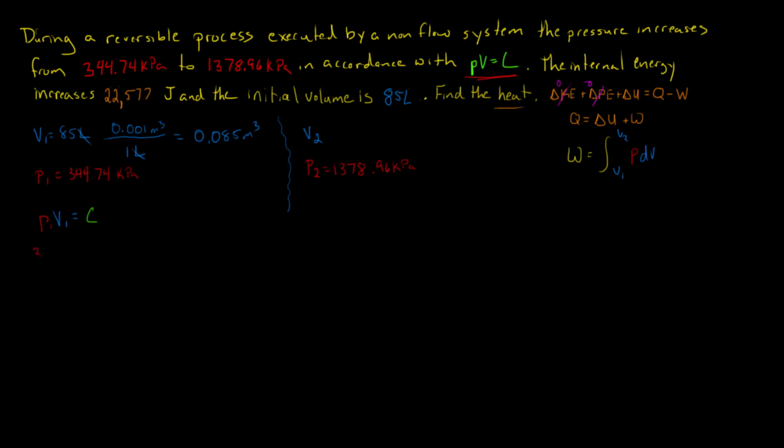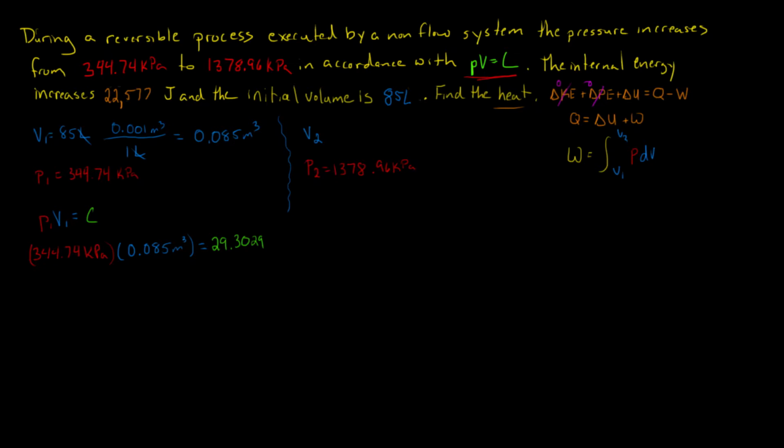So I have 344.74 kilopascals times 0.085 meters cubed, and this is going to be equal to 29.3029. And what is this unit right here? Well, let's dissect what a kilopascal is.